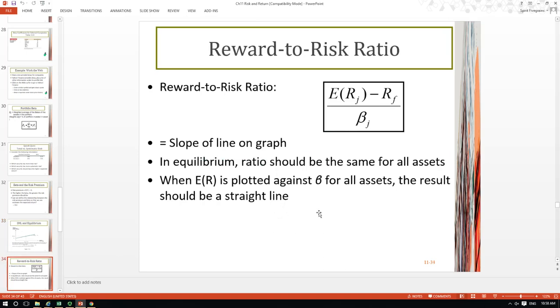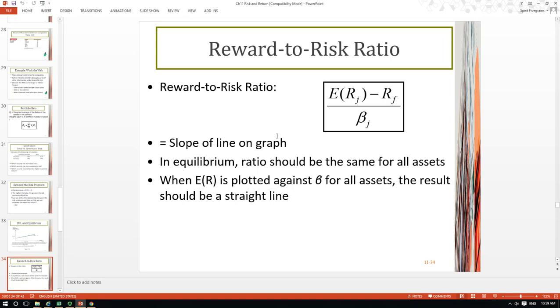Now let me introduce another important concept within the framework of the capital asset pricing model, that is the reward to risk ratio, which equals the excess return, which is the difference between expected return for an individual asset and the risk-free rate, divided by beta of that individual company.